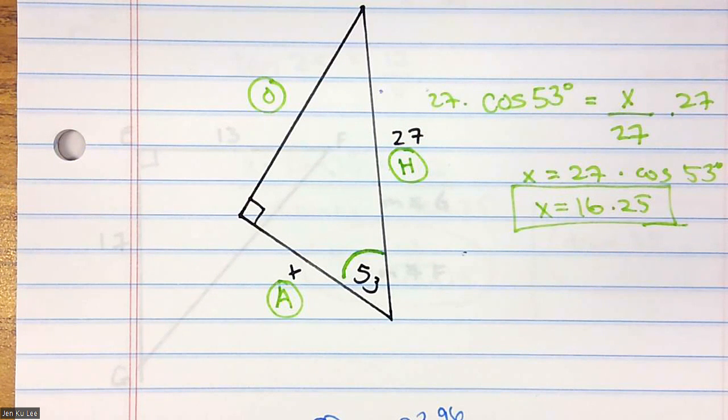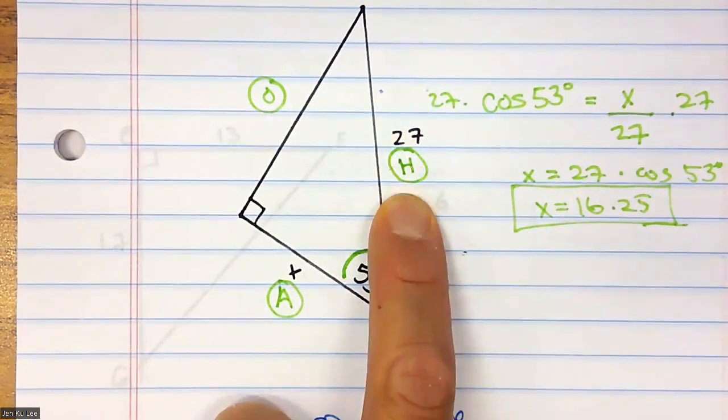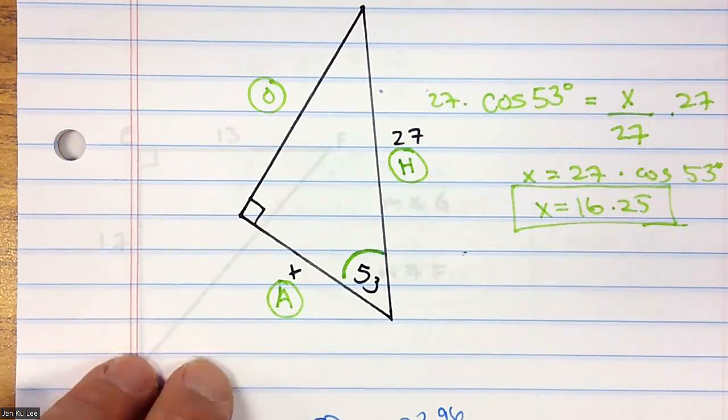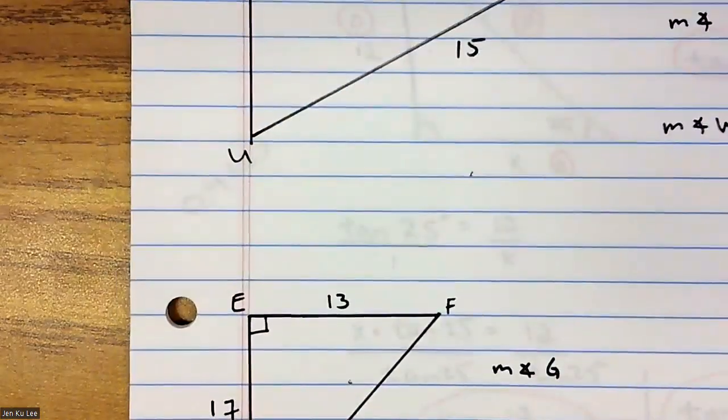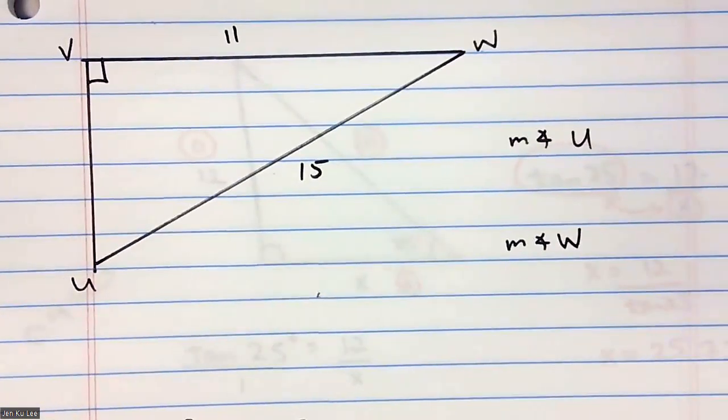From the beginning, what is my cosine ratio equal to in terms of opposite, adjacent, and hypotenuse? Okay. All right. I'm going to do these really quick.